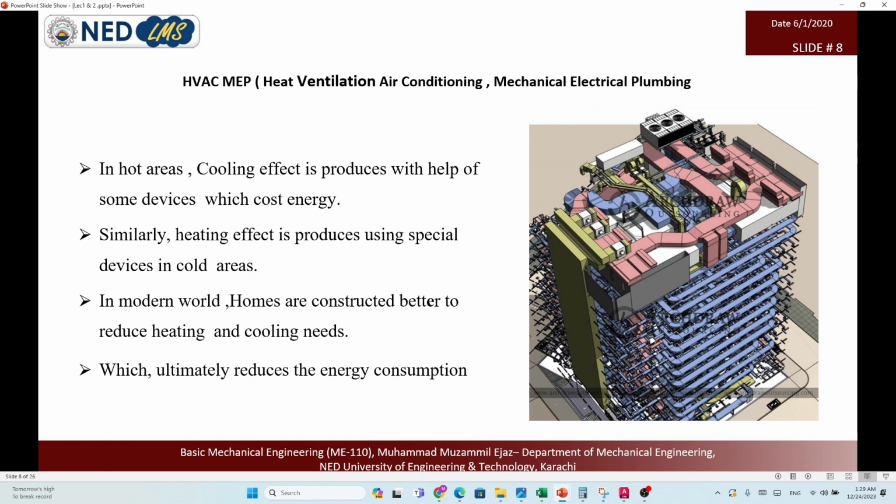And after that architectural and civil, you have part of the companies working for HVAC MEP.